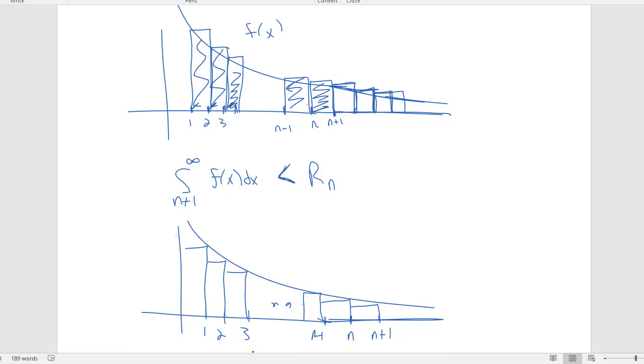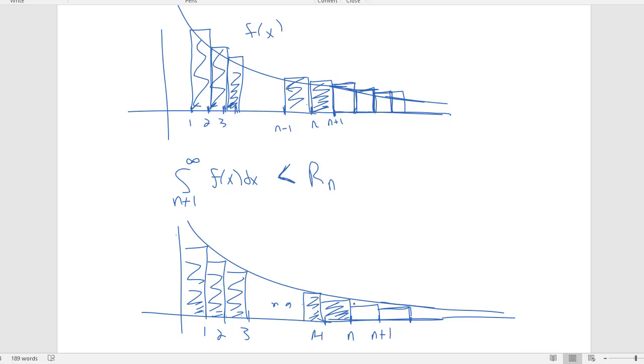Now again, we're summing up the first n terms. So the first term, the second term, the third term, here's the n minus first term, and here's the nth term. All of the neglected terms are the errors of my estimation from summing the first n terms.